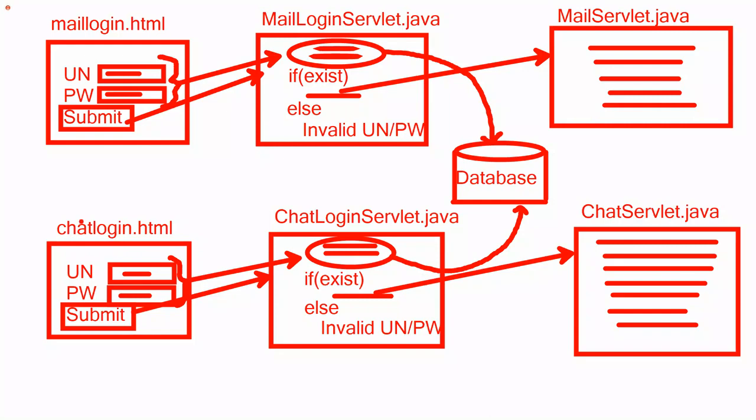In that HTML and this HTML, only one word is different. What is that? The URL pattern. Here form action equal to this servlet URL pattern. Here form action equal to this servlet URL pattern. Only that is different. Not same.